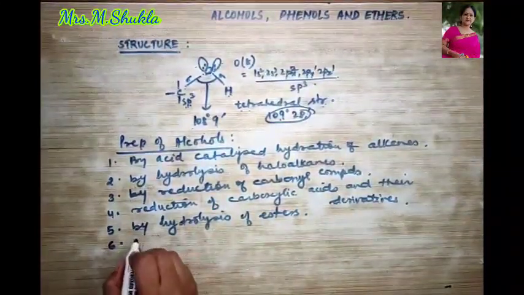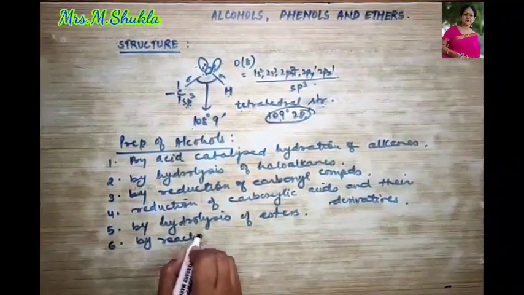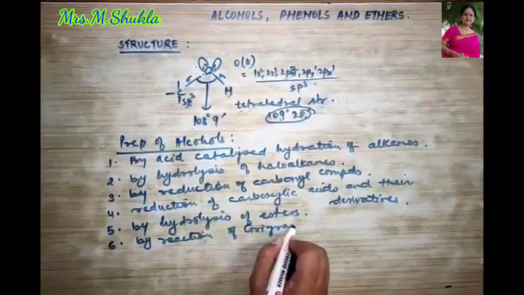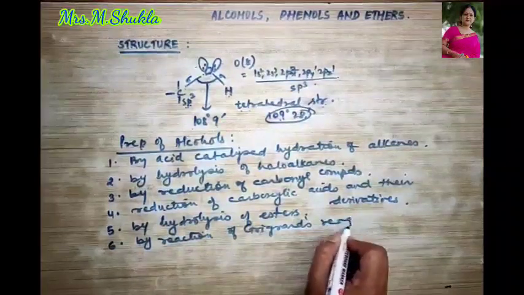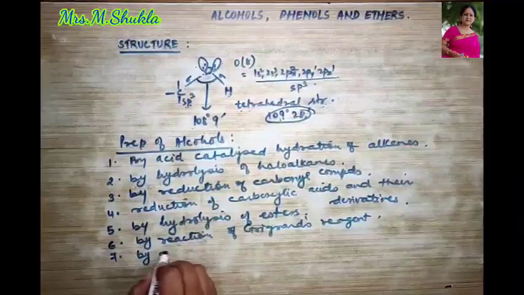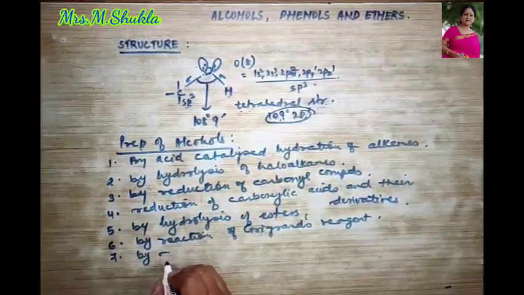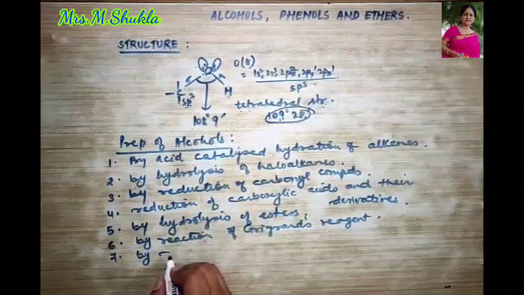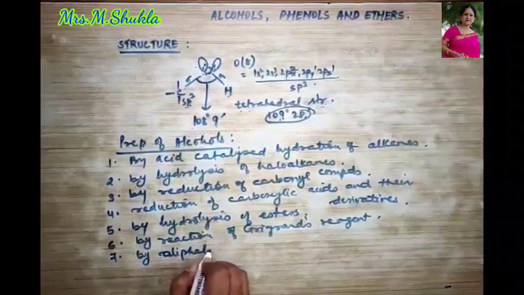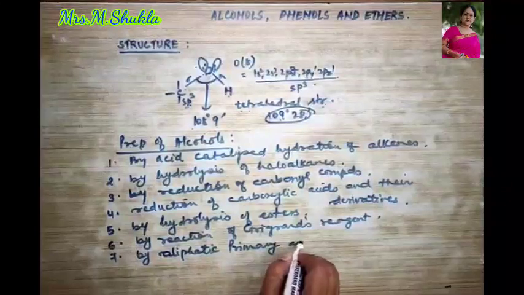The sixth method is by reaction of Grignard's reagent, and the seventh is by aliphatic primary amines.